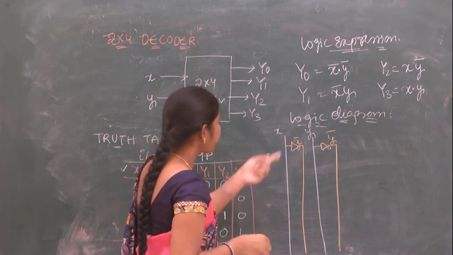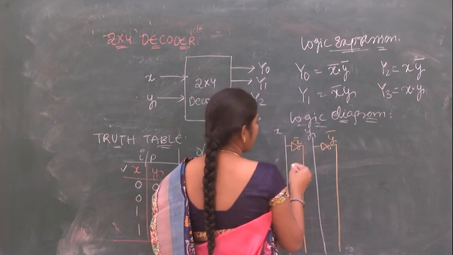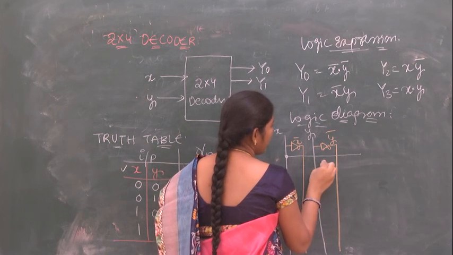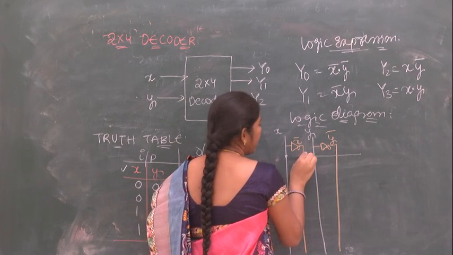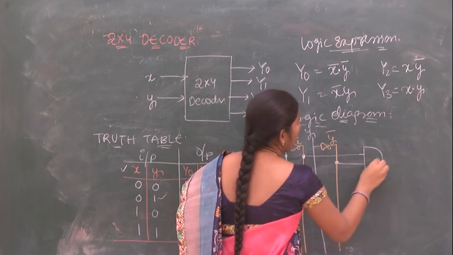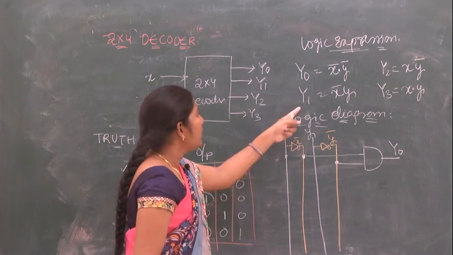Now we'll find each expression value. To get y0, which is x bar and y bar, give it to one AND gate, so that you will get y0.